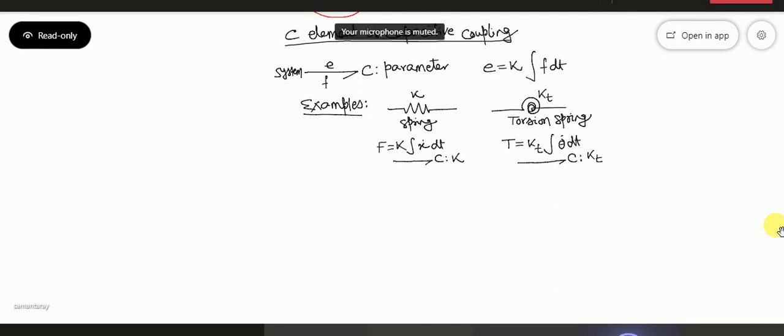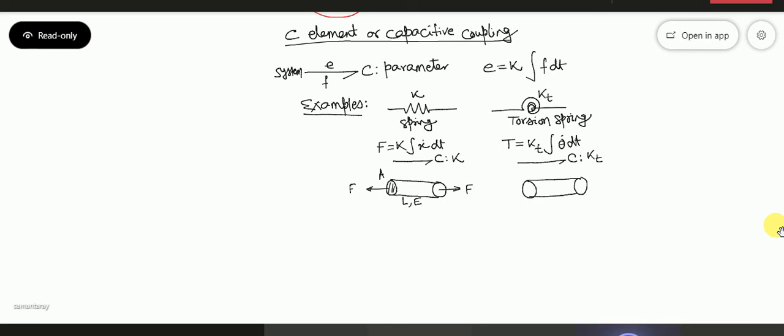Another way of writing this spring: let's say you have a solid bar, cross-sectional area A, force applied F, length L, Young's modulus E. And here you have a torsion bar, torque T, length again L, its modulus of rigidity is G, and its polar moment of inertia is Ip, that is polar moment of area.